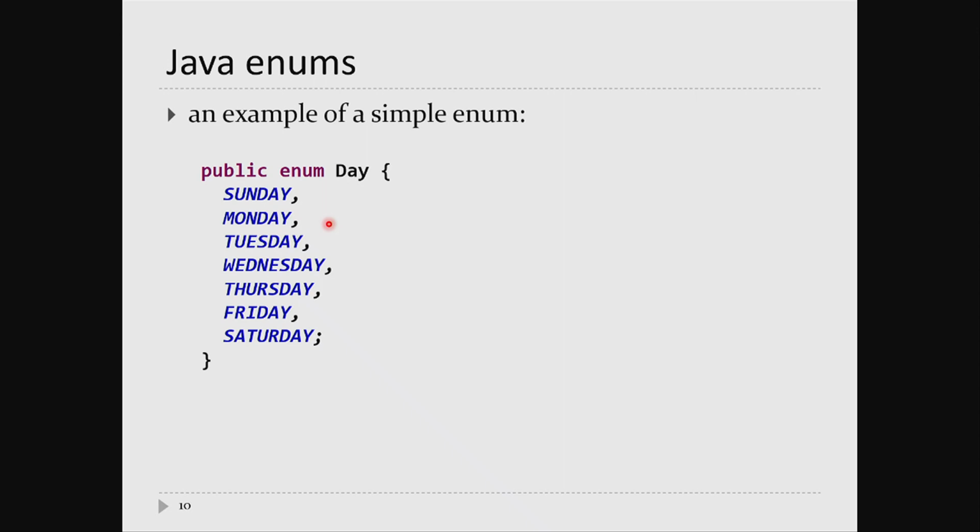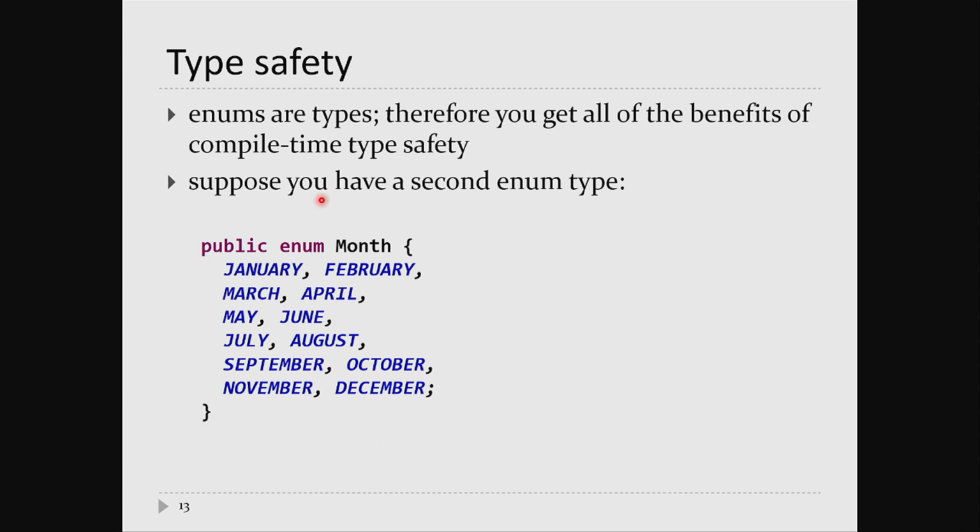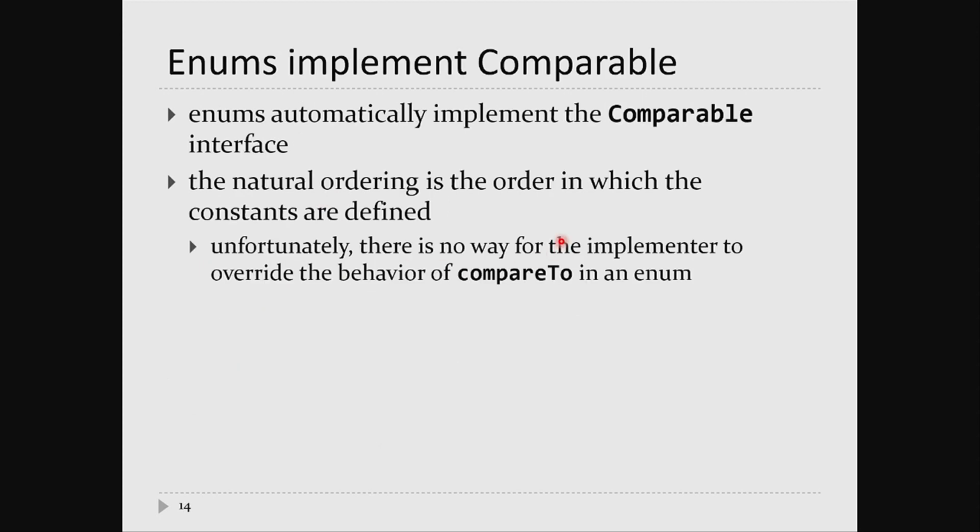So if you give them this enumeration, they're going to say, that's weird, because in my country, Sunday comes after Saturday, and in this enumeration Sunday is the first day of the week. That's one of the drawbacks of Java enumerations. You get compareTo for free, but you can't change the way compareTo works.